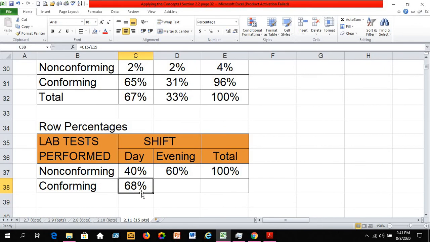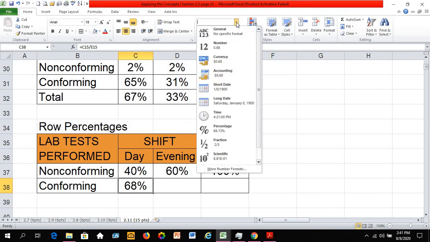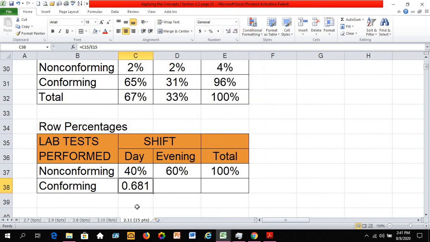Press equal sign, and that's 68%, already converted to percent. But in decimal value, that would be 0.681. So just press the percentage sign and you'll be able to convert this to percent. And before you drag the formula, make sure you lock the divisor.